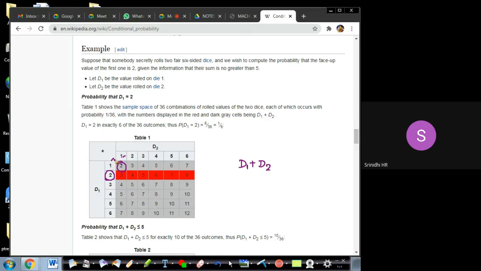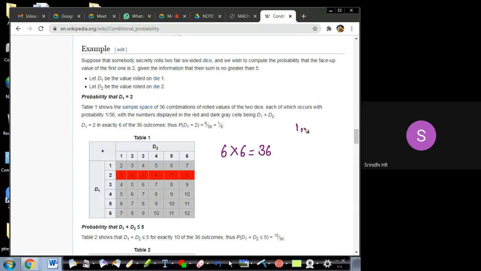Are you understanding? Yes, sir. In the same way, table 1 shows this whole example. 6 possible combinations for die 1 into 6 possible combinations of die 2, that is 6 into 6, so we have a total of 36 possible combinations. How exactly?